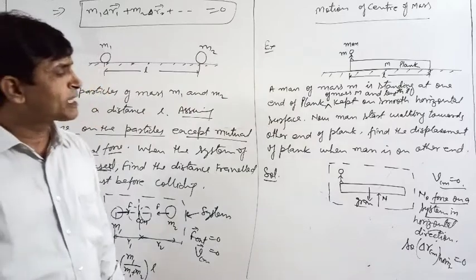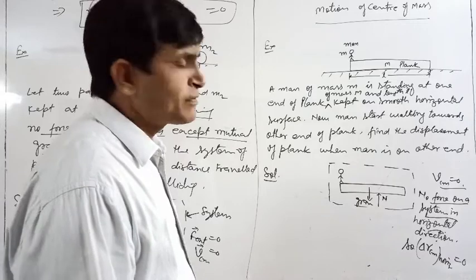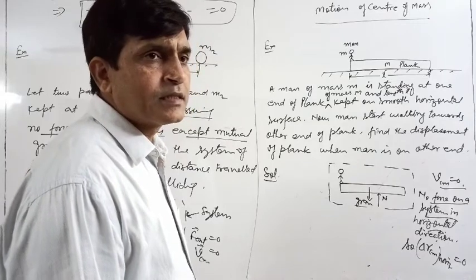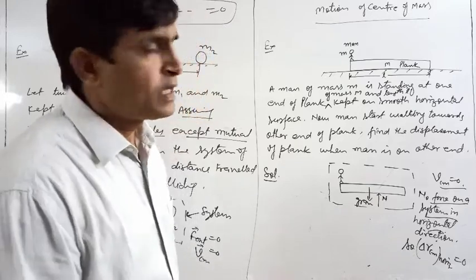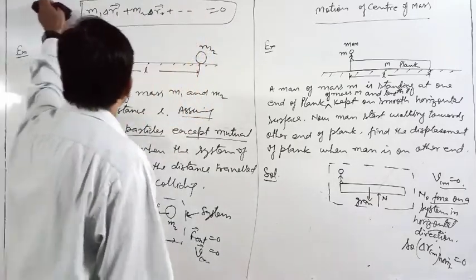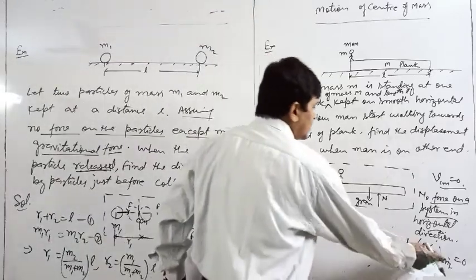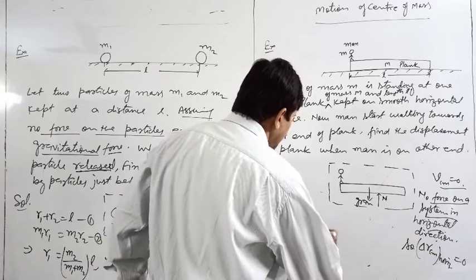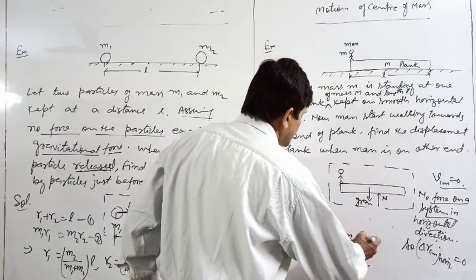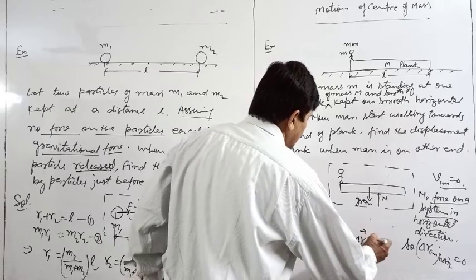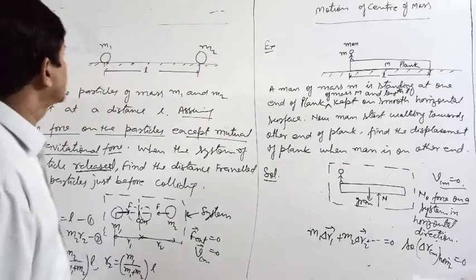It means the center of mass of the system in the horizontal direction will not change. This is the main point. Now, how to calculate this? The center of mass of the system in the horizontal direction not changing means M1 delta R1 plus M2 delta R2 and so on should be equal to 0.